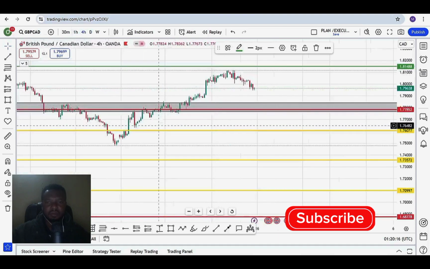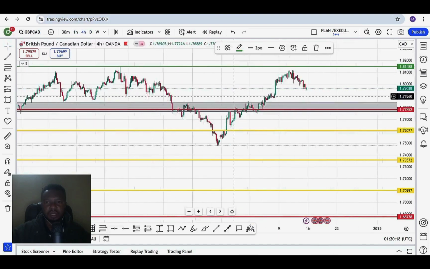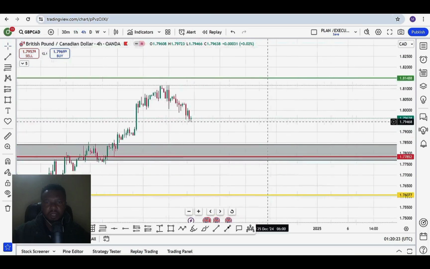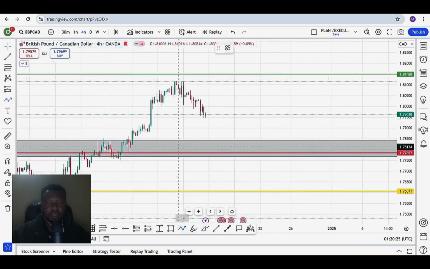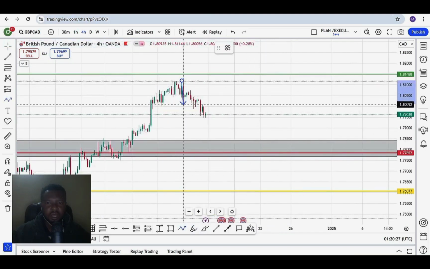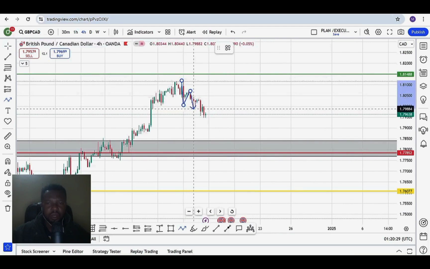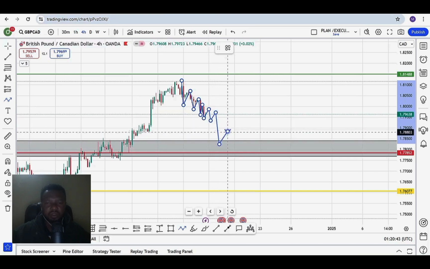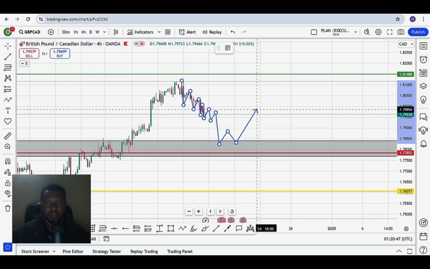On the 4-hour time frame, price is currently bearish, and price is currently giving us lower lows, higher lows and lower highs. So we still expect that price will keep giving us this movement up to this zone before you will now see a shift in market structure.